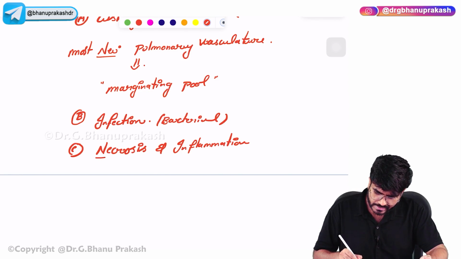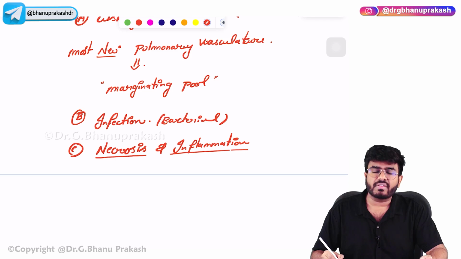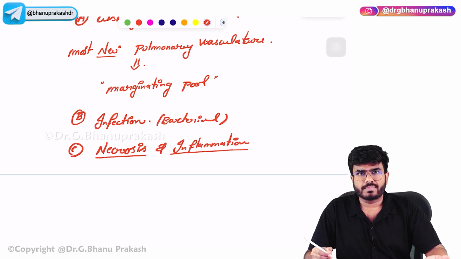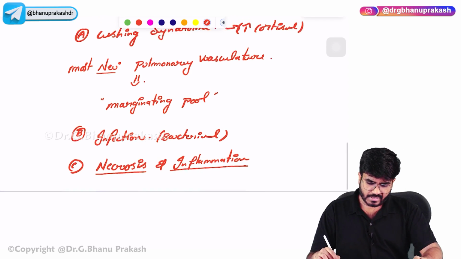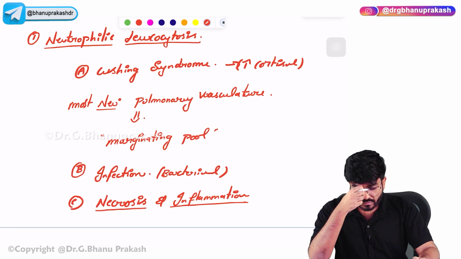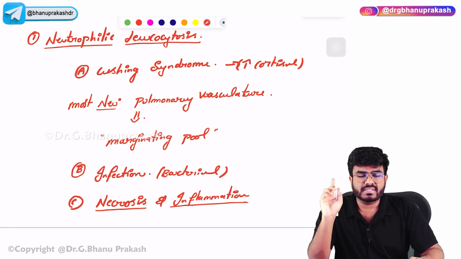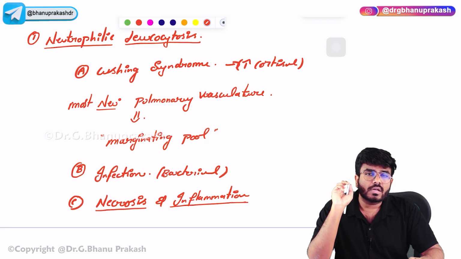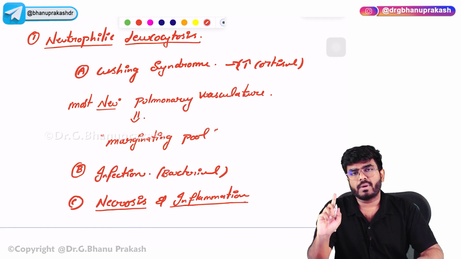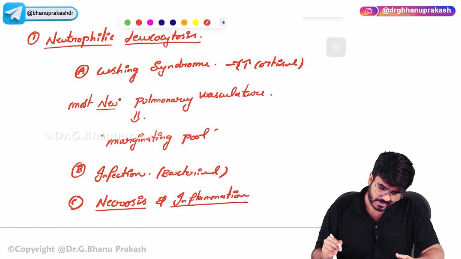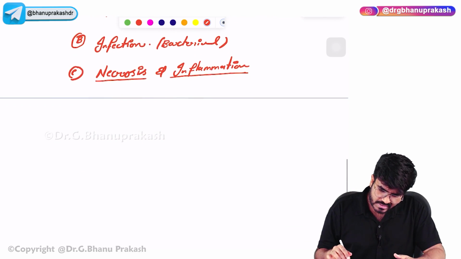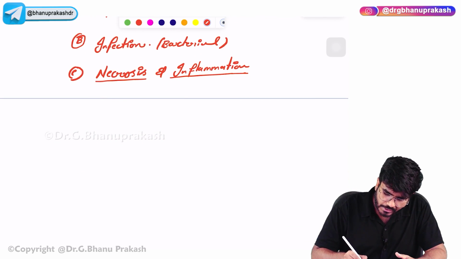Whenever there is necrosis, inflammation will start, so more neutrophils can be seen. So these are the causes of neutrophilic leukocytosis. One important point for your exam: cortisol increases the neutrophils but decreases all other WBC.